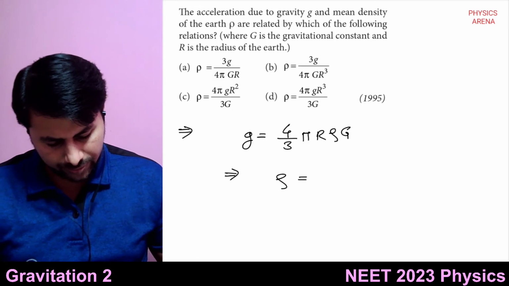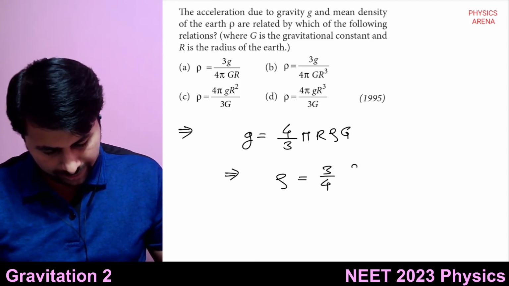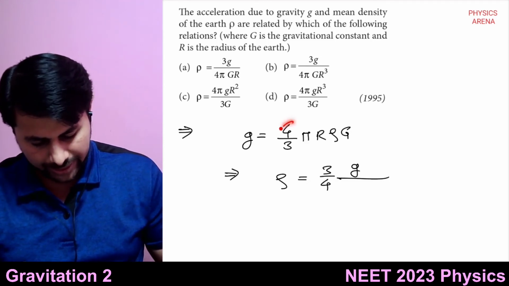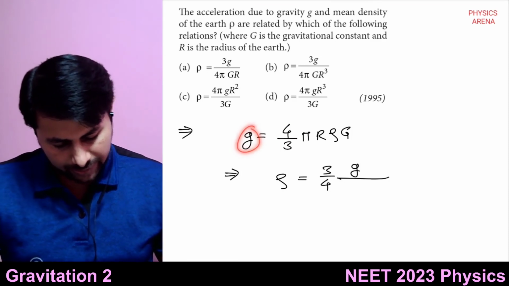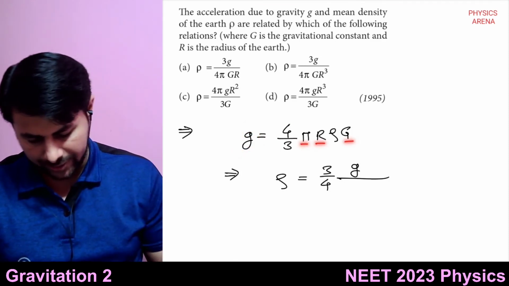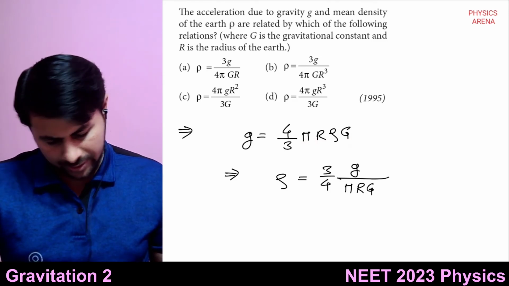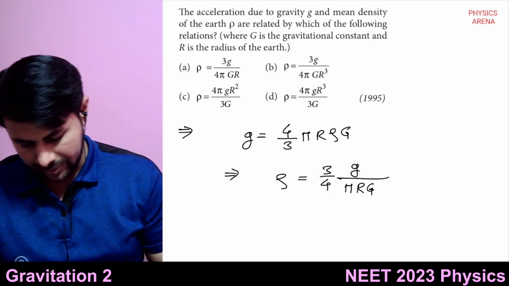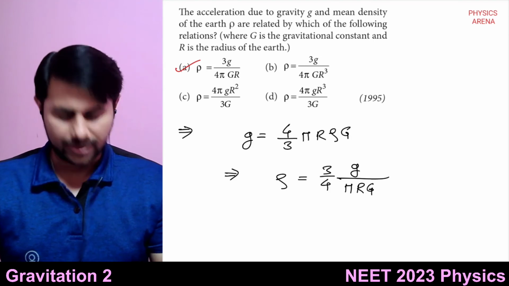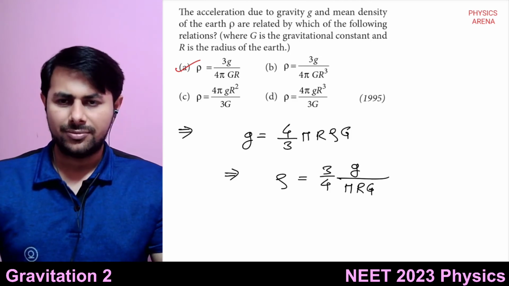Rho is equal to 3 by 4 times g divided by pi r capital G, which is option A, right? Okay, this is straightforward.